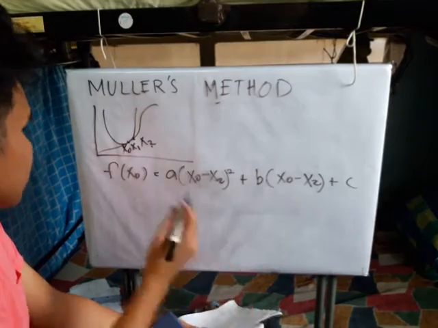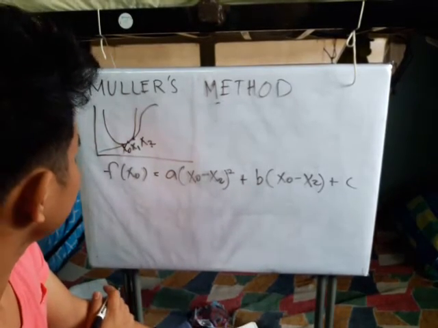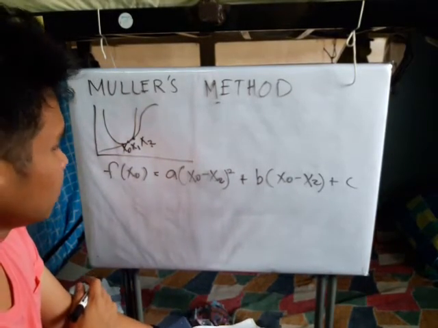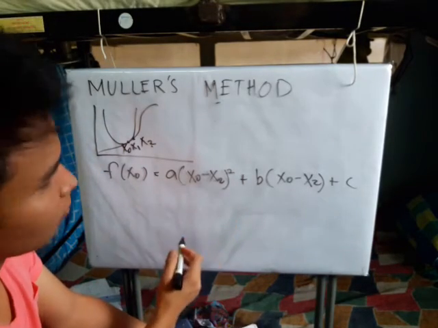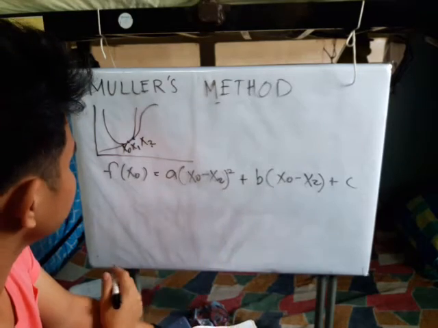So from 3 points, we can formulate an equation to become a quadratic equation. So this time, this is a quadratic equation which has a second degree.